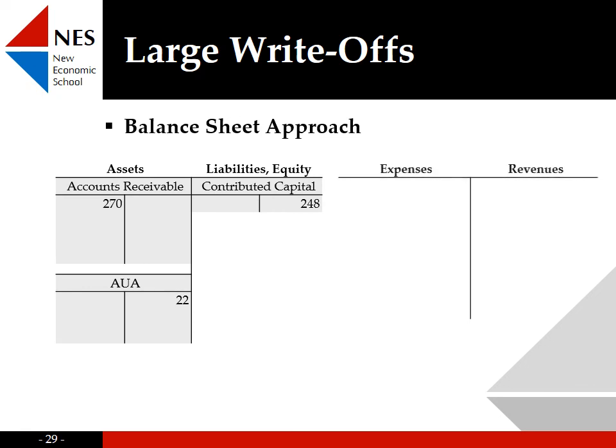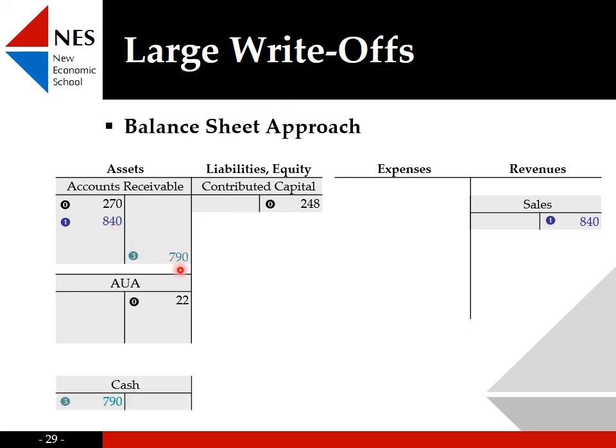So this is how the T accounts look in case we do not want the allowance for uncollectible accounts to turn negative. So we start with gross receivables of 270 and the allowance of 22. We record the transactions as before, so we have credit sales of 840 and we have cash collections of 790. Now we want to write off receivables worth 95.